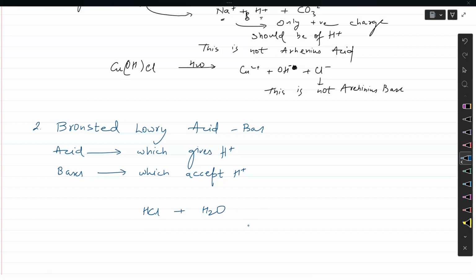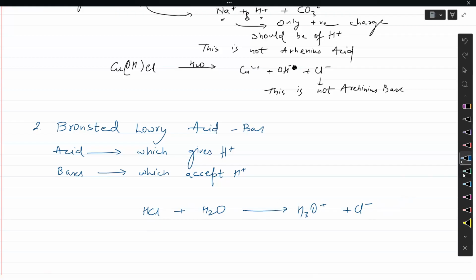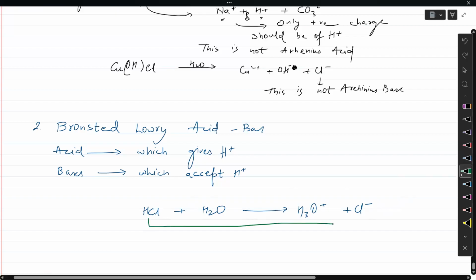For example, when HCl reacts with H2O, it becomes H3O plus and Cl minus ion. HCl is converting into Cl minus, so HCl has donated H plus.